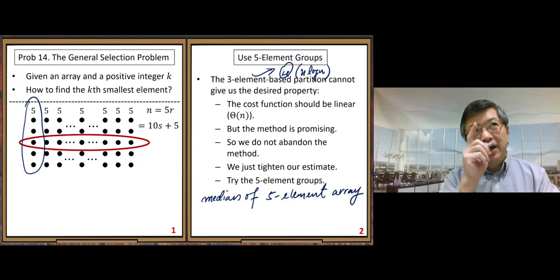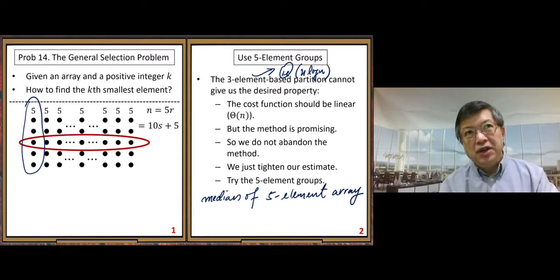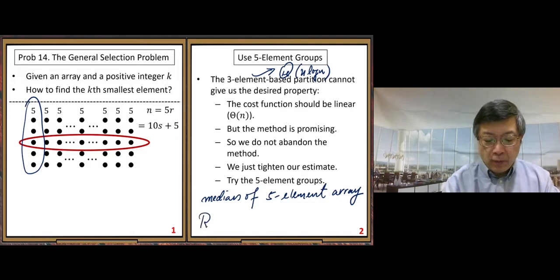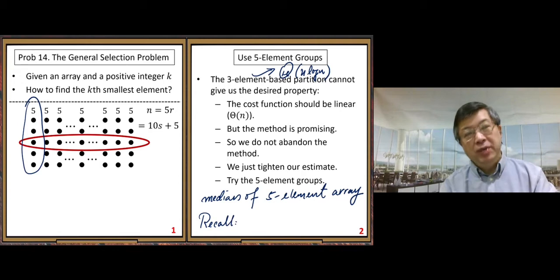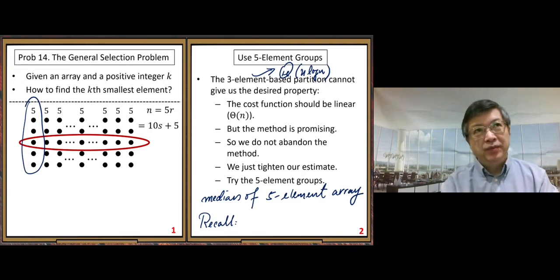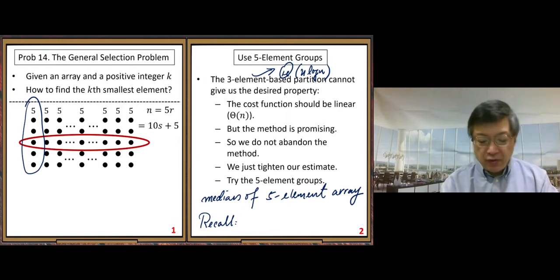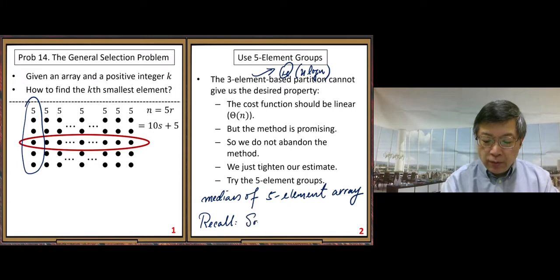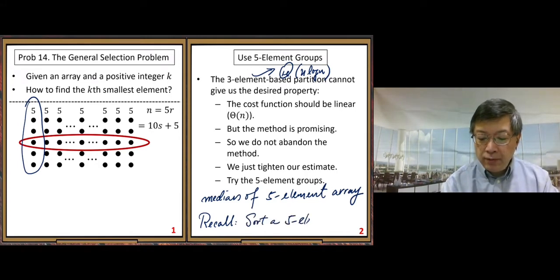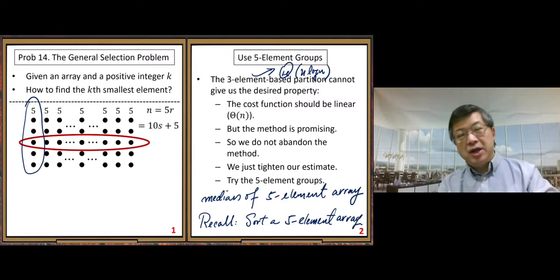Before I give you the answer, let's recall an example I did at the end of insertion sort, where I sorted a 5-element array. Do you still remember that example?